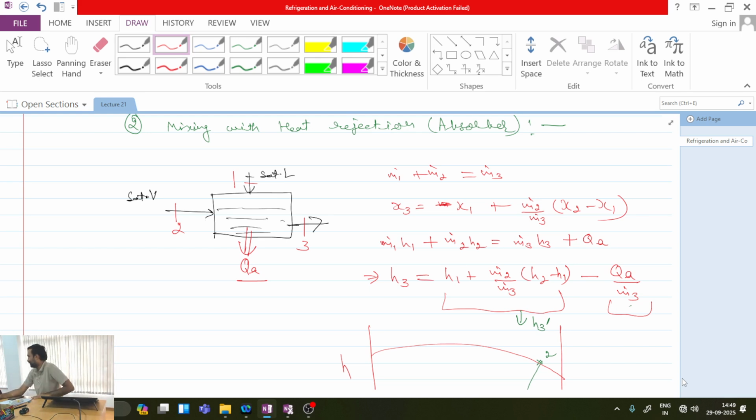Is this one clear? So for that purpose, my mass and composition equations will remain the same. Only in the energy equation I will be having one heat which is going outside.